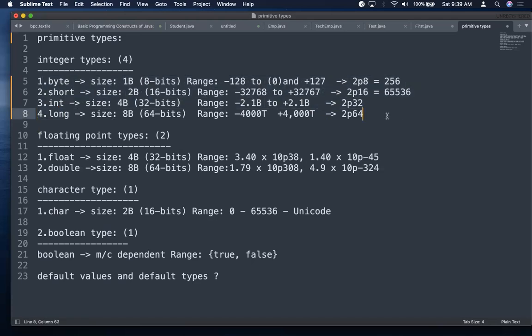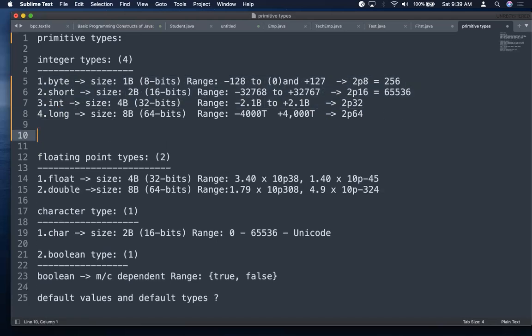A few points one has to learn here are the default value and default type, because we have so many integer types. What is the default value? For example, if I say just int x, what is the value of x?